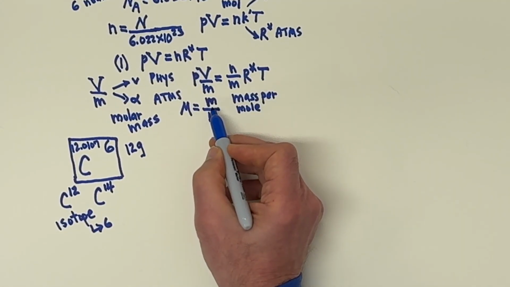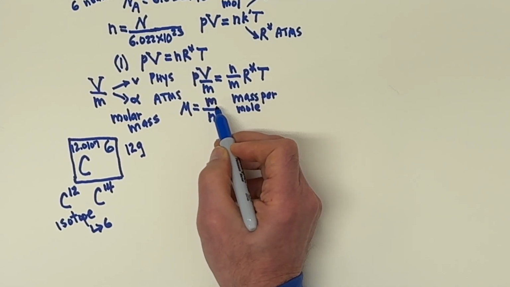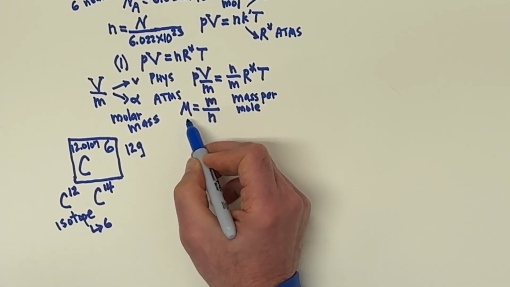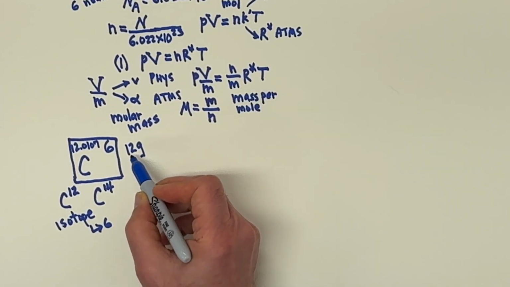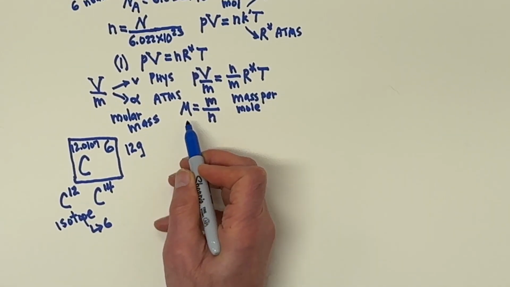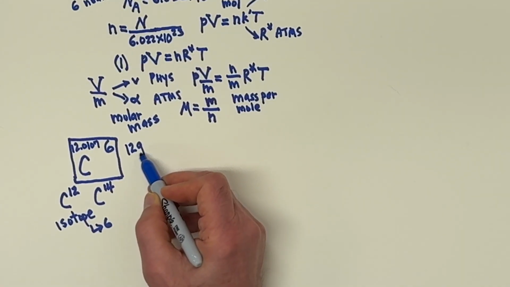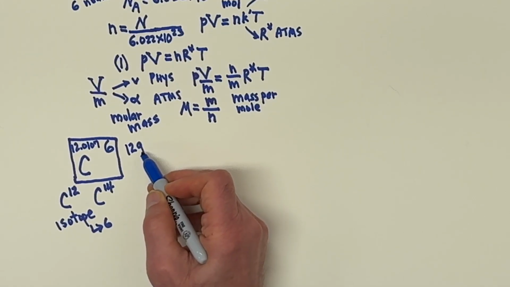But going back to this general formula, you have the mass of your gas, and you divide by the number of moles, and that's the molar mass. So the chemical chart is convenient because for carbon, it would be basically 12 grams. In other words, 1 mole of carbon would have that mass.